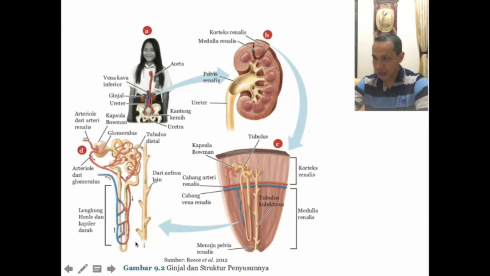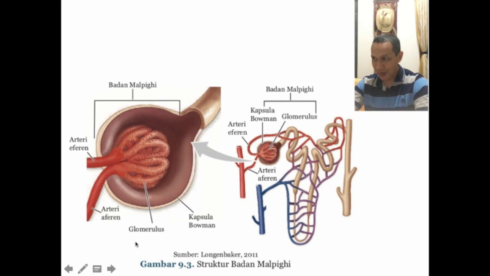Now I am zooming in on the kidney, and this is a nephron. This is the whole nephron. It consists of two main parts: first this round thing, and second the tubules, the tunnels, the duct. If we zoom into this round area, we will see that it's like a bowl, and this bowl is called Bowman's capsule, which encapsulates this blood vessel.